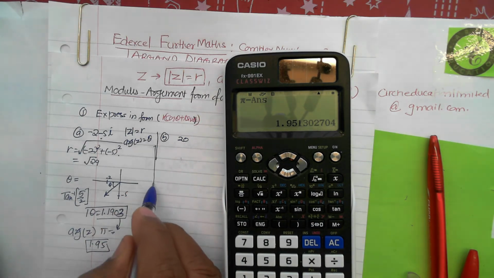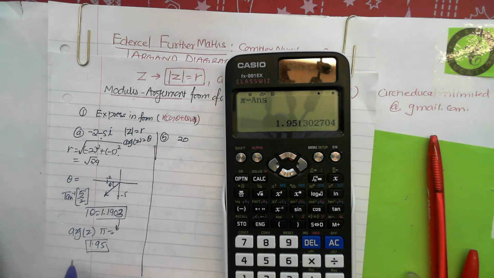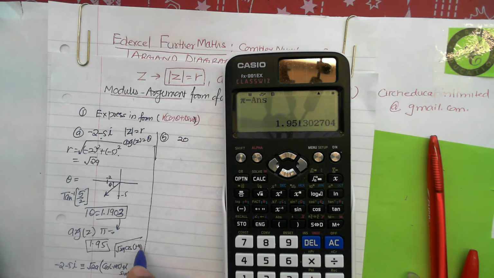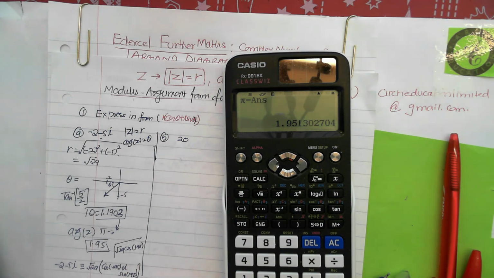So guys, this complex number, minus 2 minus 5 iota, can be written in mod arg form as root 29 (cos 1.95 plus iota sine 1.95). If you want to do what I said before, you can just write this as root 29 cis 1.95. Obviously check with your teacher whether they agree with you using this short notation.